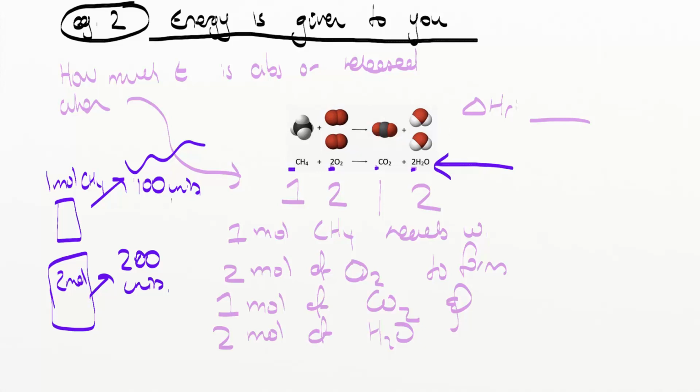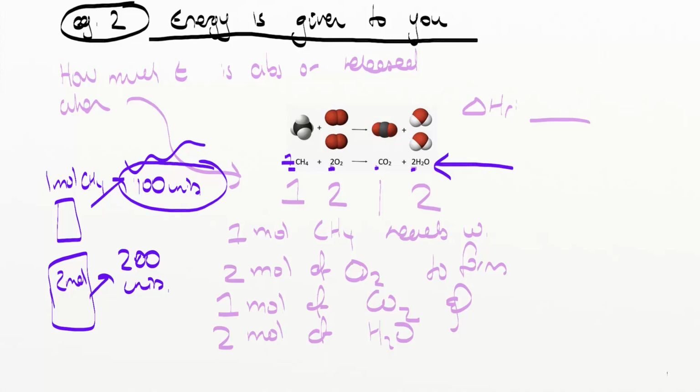So in this situation, since there's a 1 in front of the methane in our correctly balanced equation and a 2 in front of the oxygen, this is talking about how much energy is released when 1 mole of methane is reacted. So in this case, we've got 100 units, but let me just double check the real value for you.